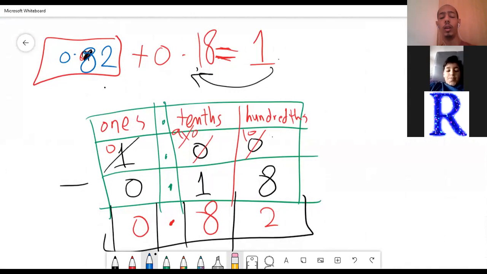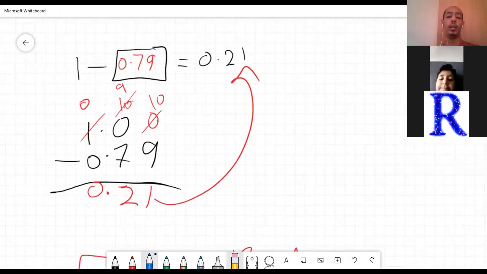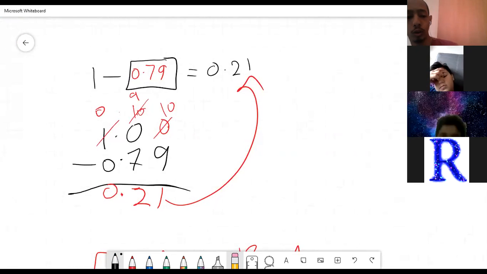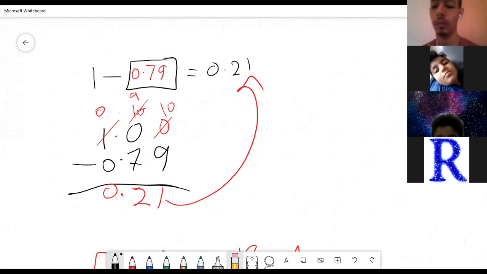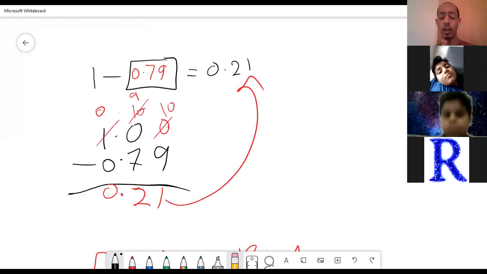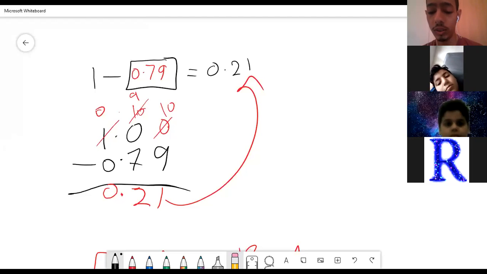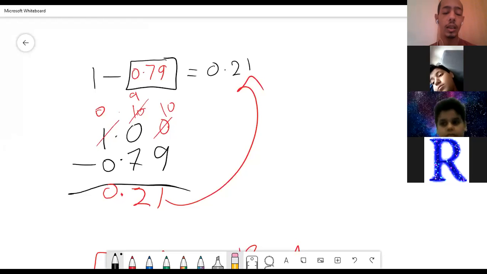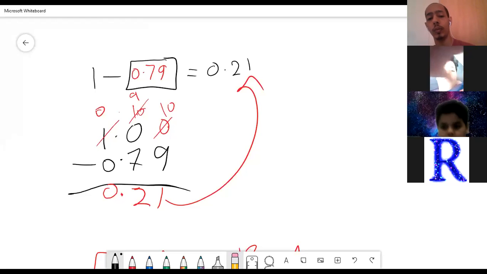I'm solving the homework because a lot of you who did the homework made mistakes with these problems. 1 minus what number will give you 0.21?